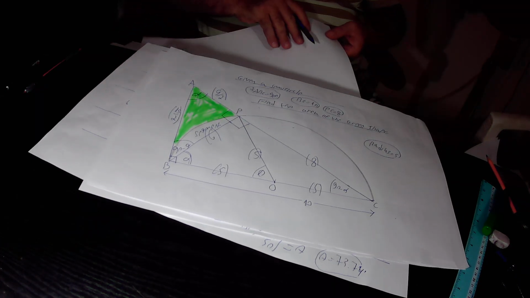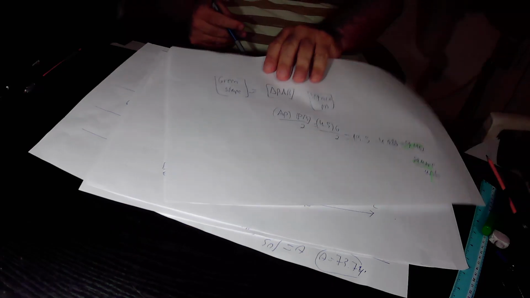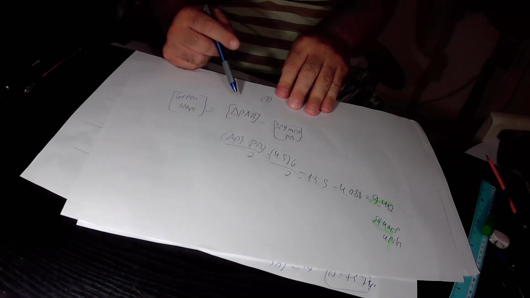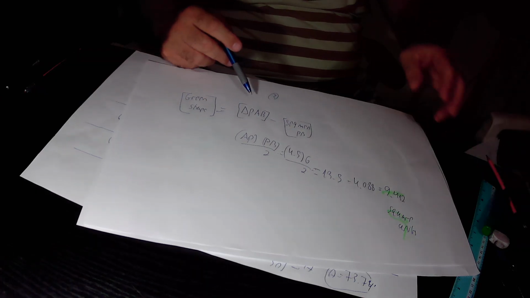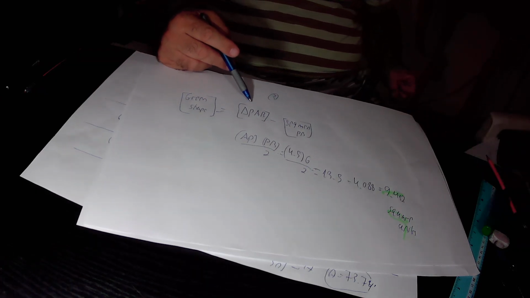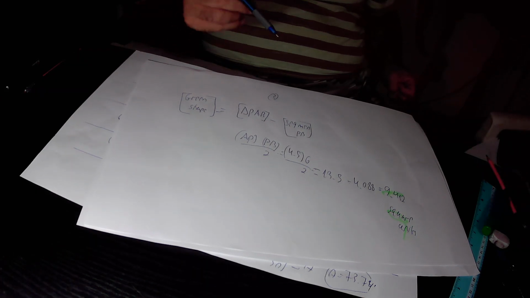Repeat again, the area of the green shape is equal to the area of triangle PAB, this is the right triangle PAB, minus the area of this segment PB.